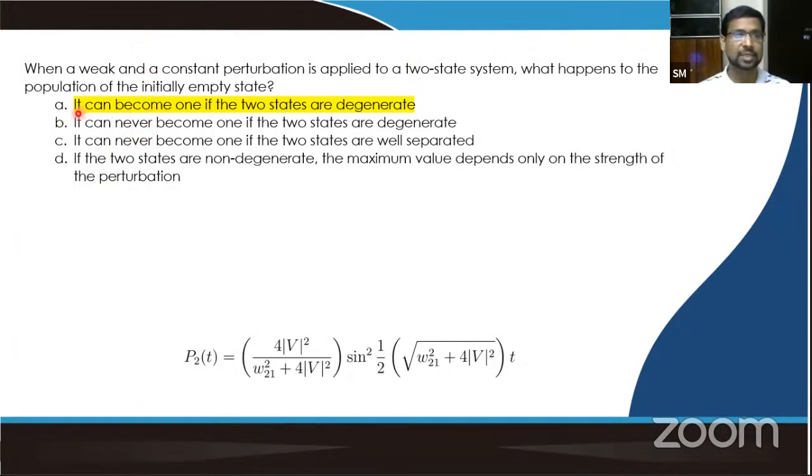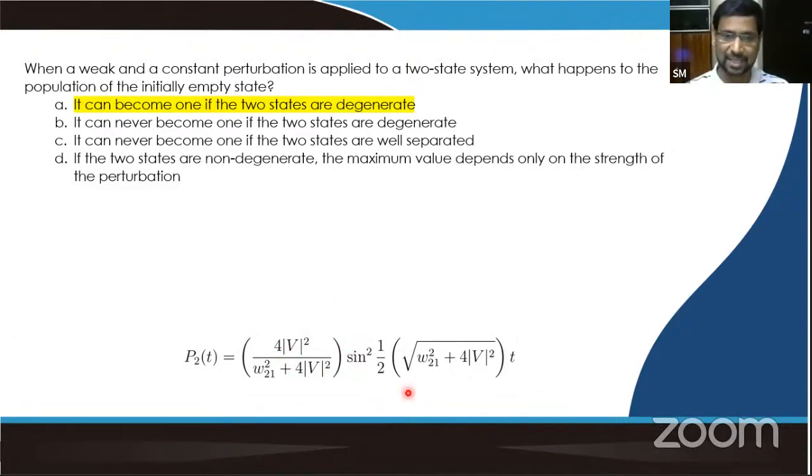First, it says the population of the initially empty state can become 1 if the two states are degenerate. When the two states are degenerate, omega 21 is 0, so the prefactor becomes 1.